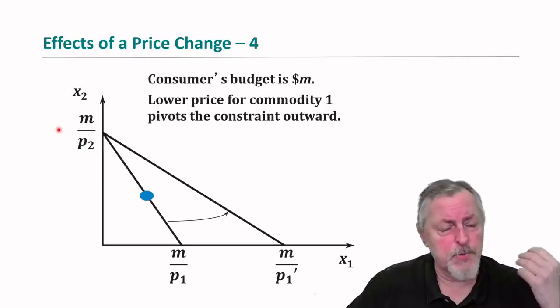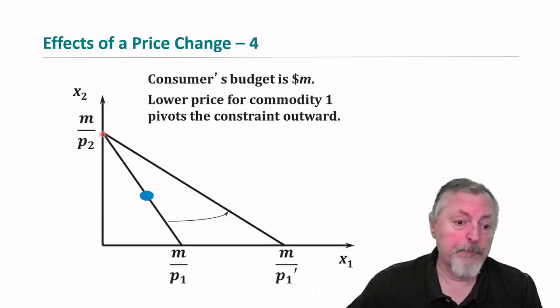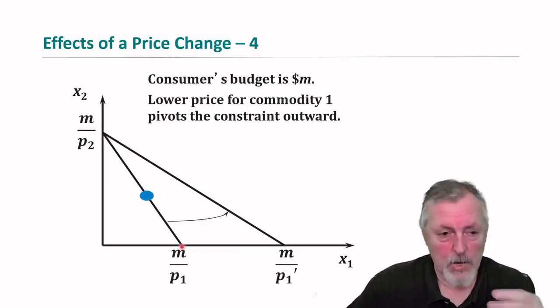So if this person wants to spend all their money on thing 2, they'd be able to buy this many dollars divided by the price, that much of X2, or that much of X1, of thing 1.